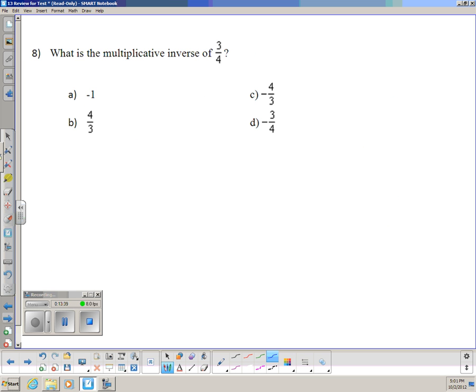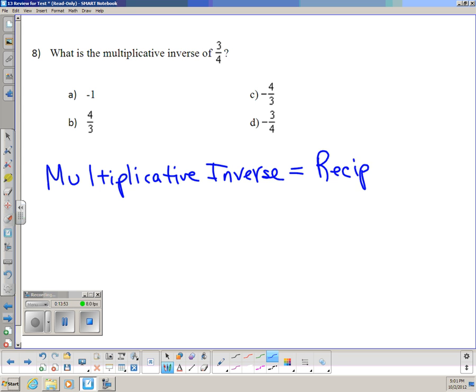Number 8. What is the multiplicative inverse of 3 over 4? What you have to know is the multiplicative inverse means take the reciprocal. So, what is a reciprocal? Well, for example, 4/5, its reciprocal is 5 over 4. 9/10, its reciprocal is 10/9.